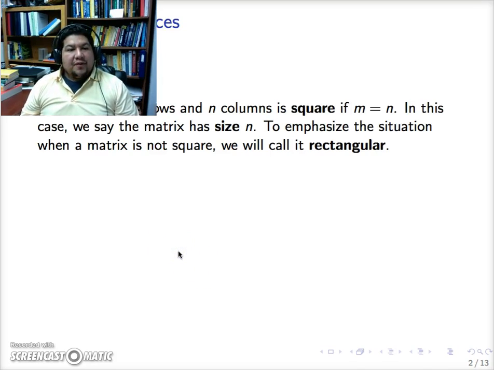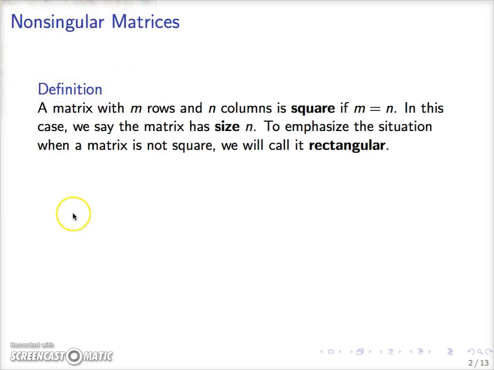And before we visit this definition, we're going to refresh our mind with what is considered to be a square matrix. In general, the arrays of numbers that we're calling matrices are rectangular.